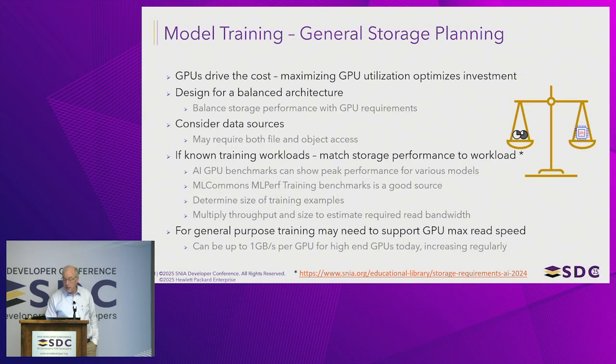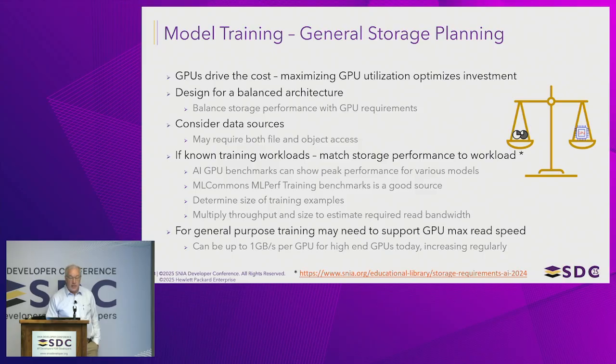Should be really interesting. Some thoughts on model training, general storage planning. I won't spend much time on this slide. I've used this one in previous sessions, and you can go get more information from those. Things really are still true. The GPUs drive the cost, so you want to maximize the use of the GPUs to optimize your investment.